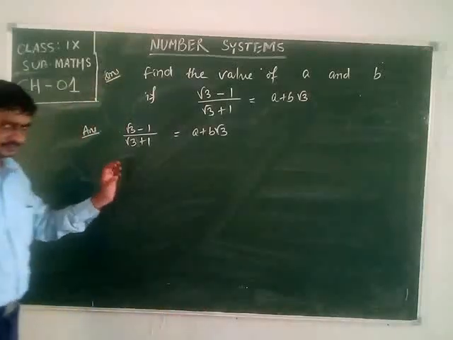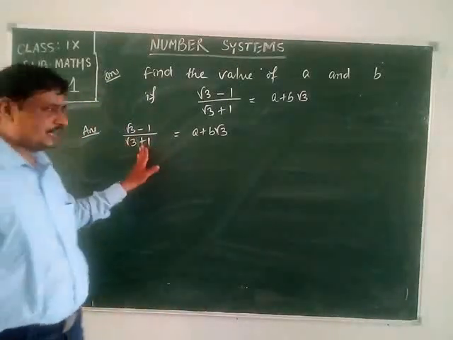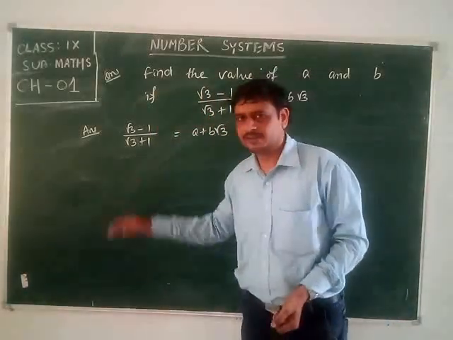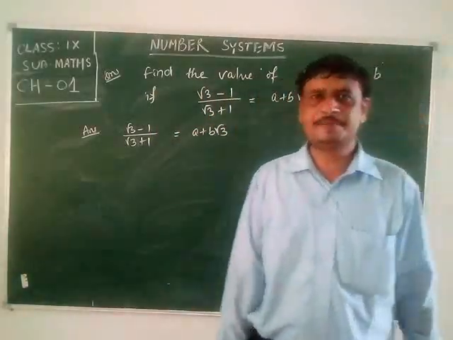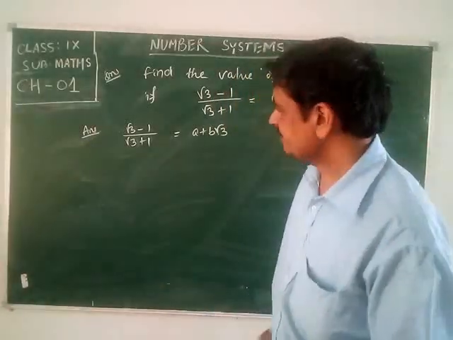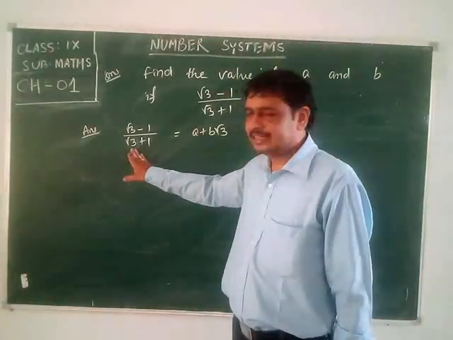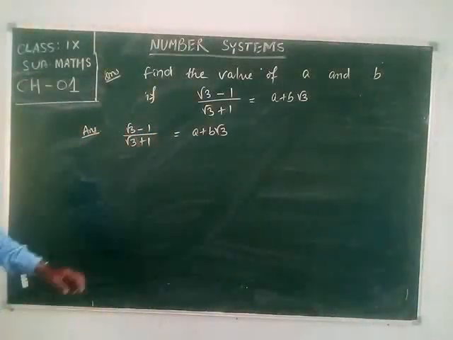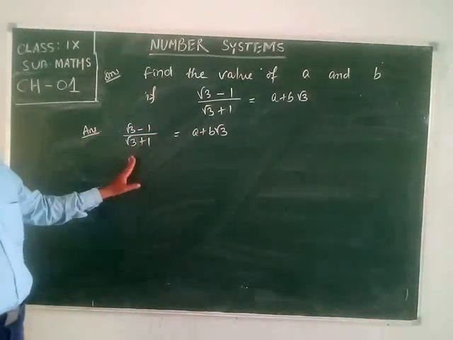To rationalize the denominator of this left side, that is root 3 plus 1, we have to multiply its rationalizing factor. Since the denominator is root 3 plus 1, the rationalizing factor will be root 3 minus 1.